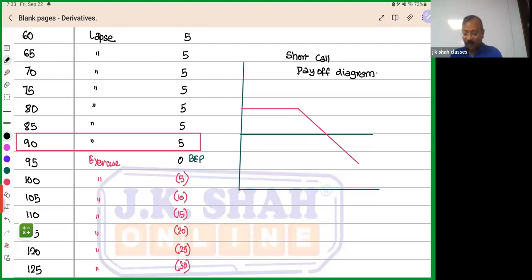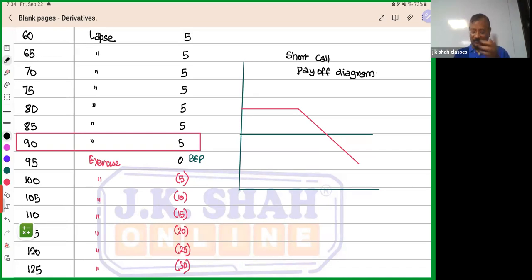Now, initially, when we are doing it, we will do it like we did now: at every stage, we analyze what the other party will do. But later on, I'll tell you the shortcut method of doing this, where you don't have to analyze.